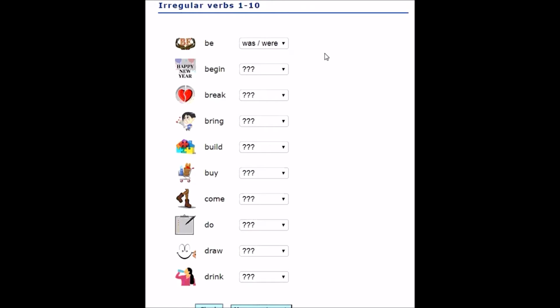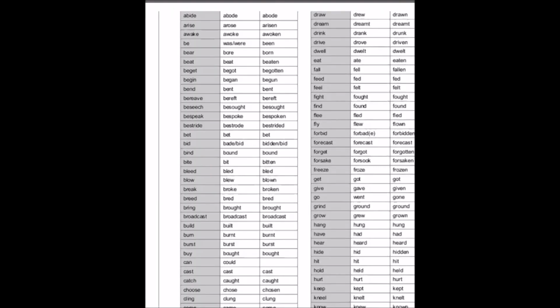However, I really do want you to always have a page of the list. The list of irregular verbs should be right in front of you. Okay? So whenever you see a verb and you have to convert it, you go back to this list and check which verb you have and whether it is here or not.